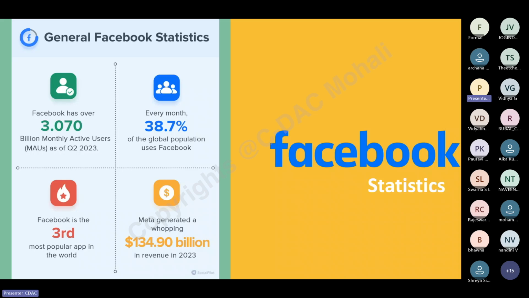Facebook is the third most popular app in the world, and it earned 134 billion in revenue in 2023. So this is how you can imagine how successful and how big Facebook is.